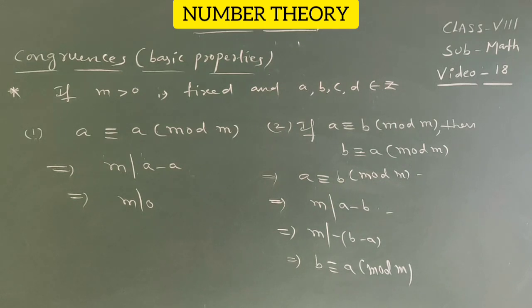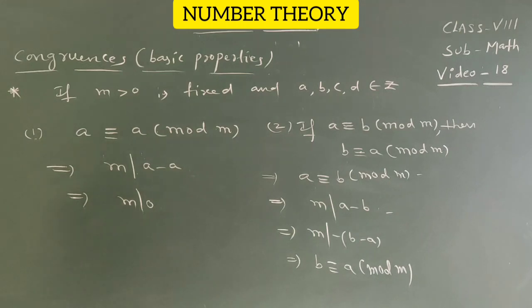These are the first two properties. First one, a congruent to a, like 5 congruent to 5. Here 2 congruent to 5 means 5 also congruent to 2, to the same mod.